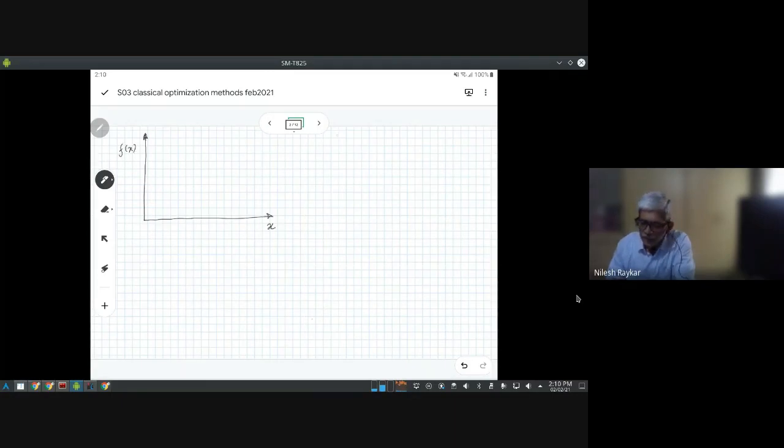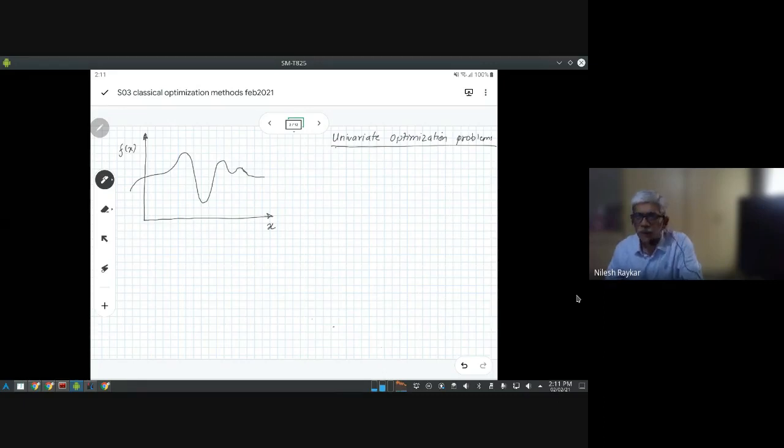So this is known as univariate optimization problems, or single variable optimization problems. I will consider in this case the function variation as shown here. I'm just considering any arbitrary function, and drawing it here.